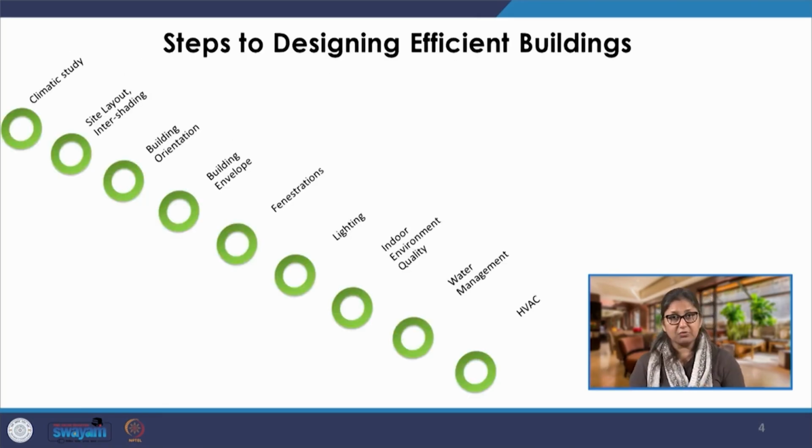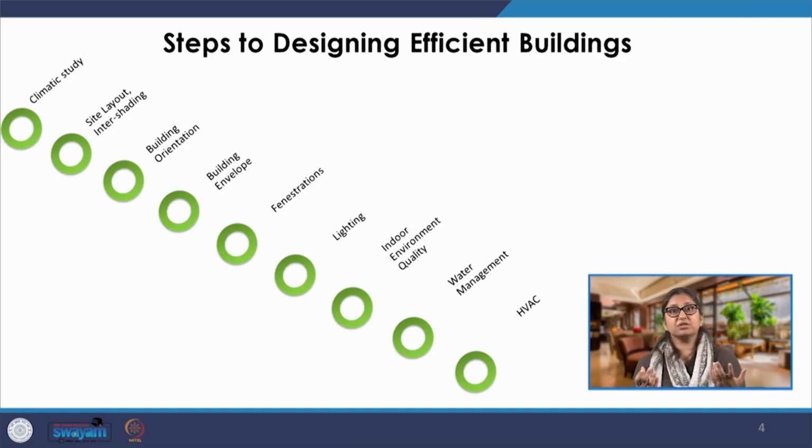But before I move on to that, we have to first look at what the different steps are in designing efficient buildings. Today, unfortunately, we do not follow these steps, and all we end up doing is depending upon the mechanical systems, the systems which consume a lot of energy, electricity predominantly. For lighting, we do not depend upon the natural light which can be brought into the space.